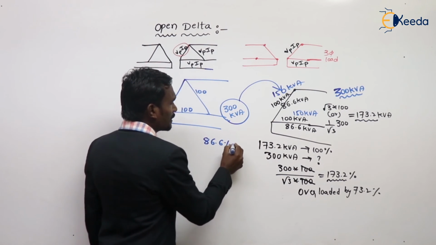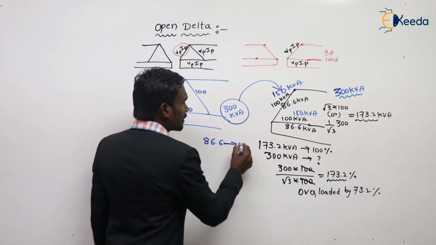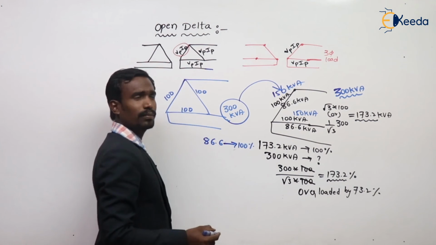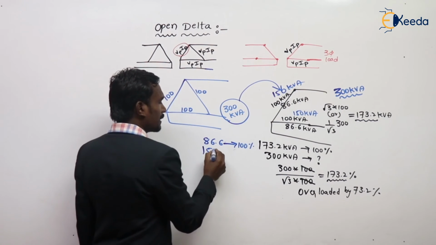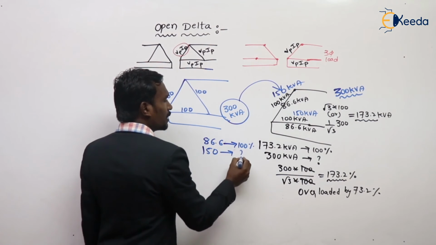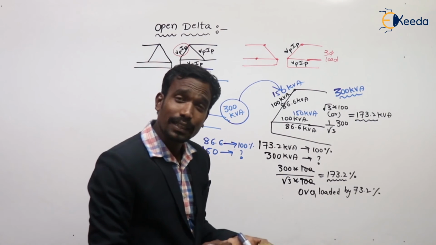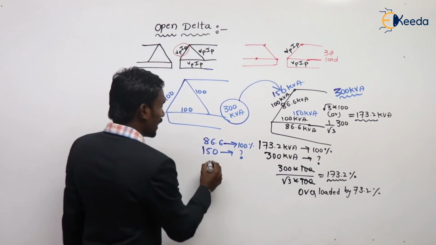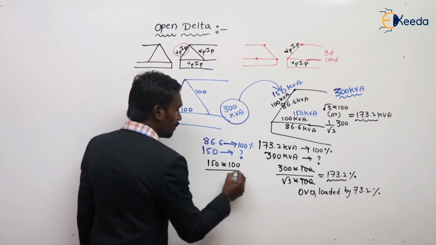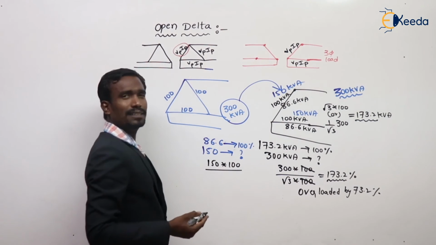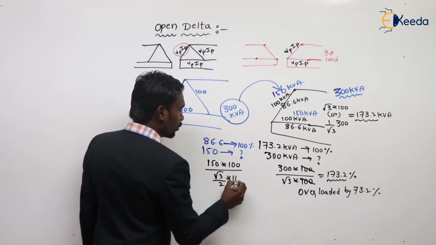For 86.6 kVA, this is 100% loaded, no problem at all. But when 300 kVA is applied, each transformer takes the load of 150 kVA. Then what is the percentage of overload? Calculate it. 150 multiplied with 100 upon 86.6. 86.6 can be written as root 3 by 2 into 100.